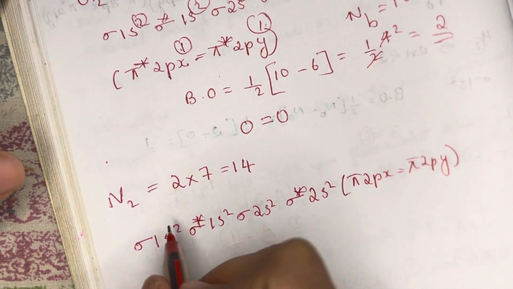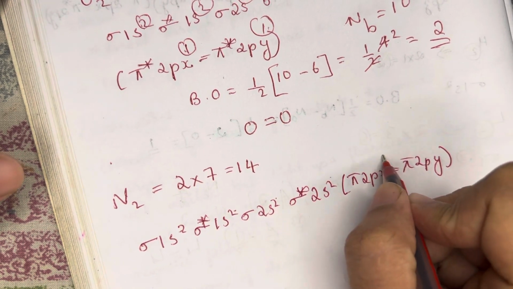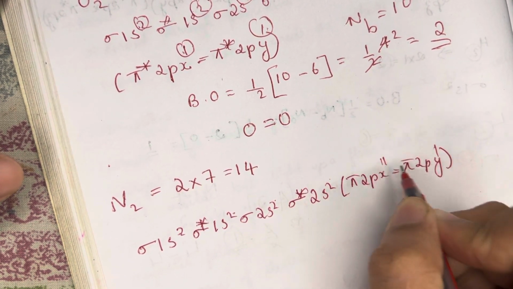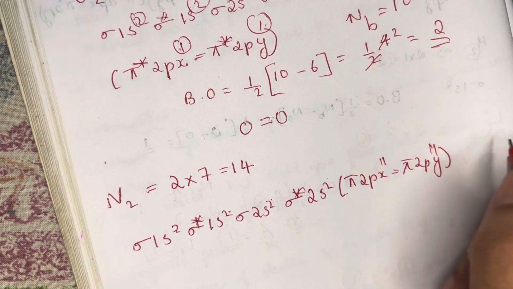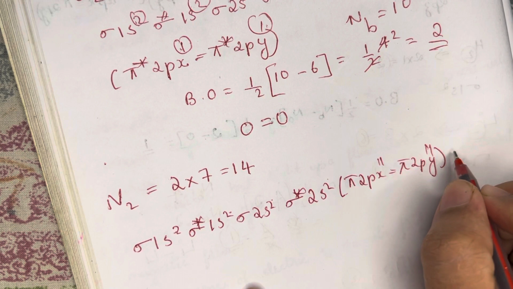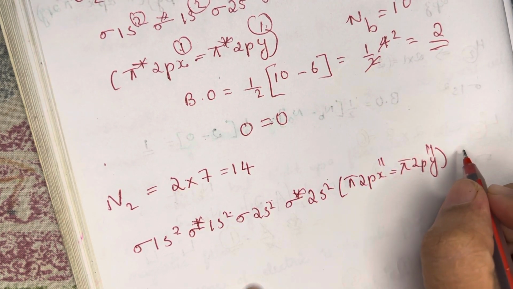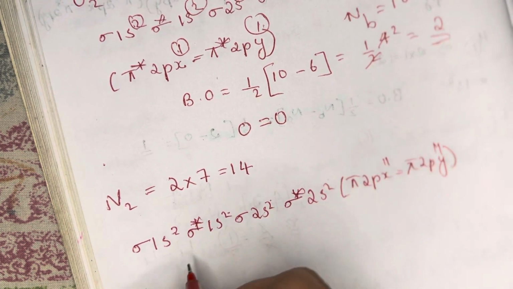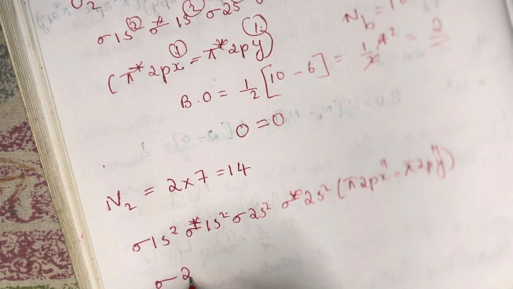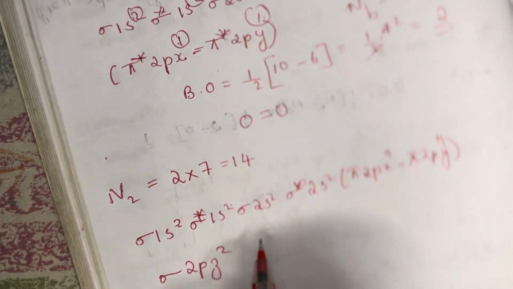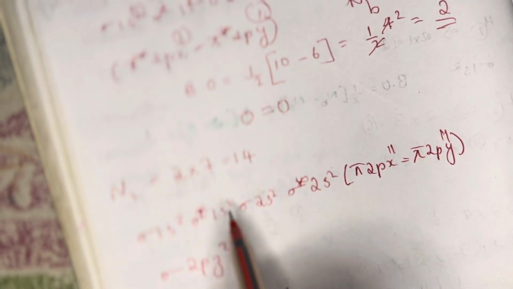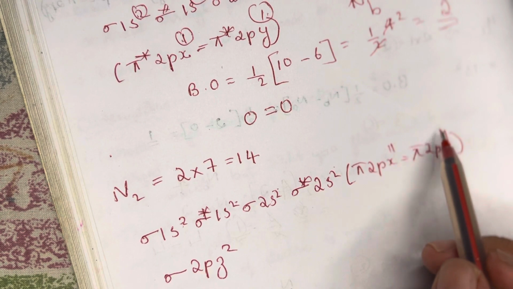Now count the number of electrons: 4, 6, 8, 9, 10, then 11, 12, and after that total 14, then sigma 2pz 2. Okay, so here now total it is 14, right? When we count the number, total it is 14. So here 2, 4, 6, 8, 10, 12, 14.